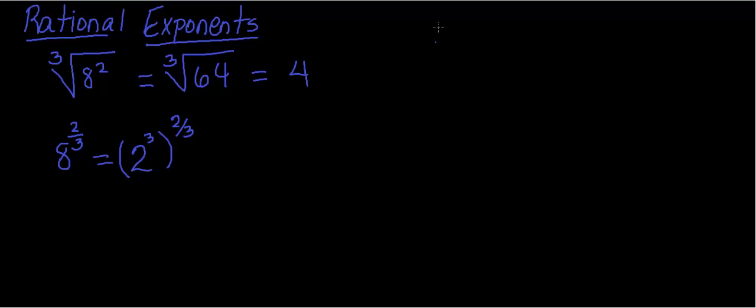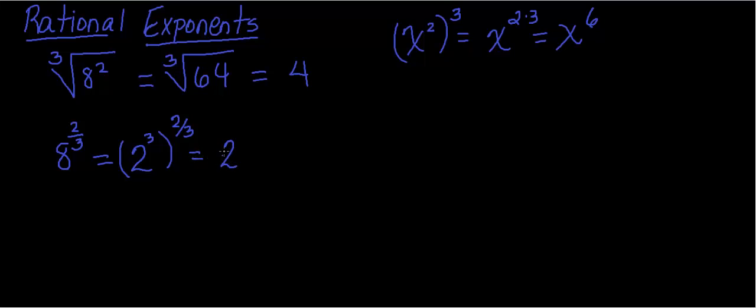Now remember from your laws of exponents, whenever you have a power raised to another power, you multiply the powers. For example, x to the 2nd to the 3rd gives you x to the 6th power. So that's what we're going to do here. We multiply the powers. That's going to give you 2 to the 3 times 2/3 power.